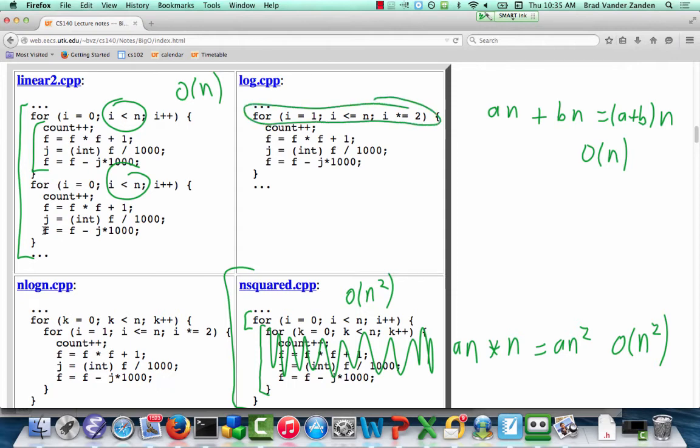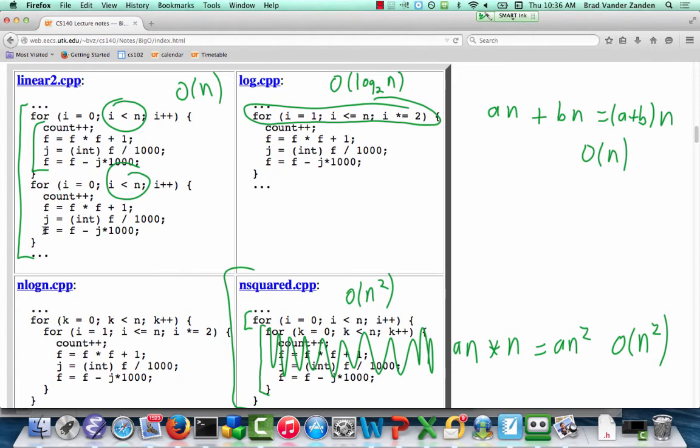So here, I is being doubled each time. And you can't, in this case, make the pessimistic assumption that the loop executes n times, because I is doubling each time. It turns out that if I doubles each time, the loop executes log 2 of n times.